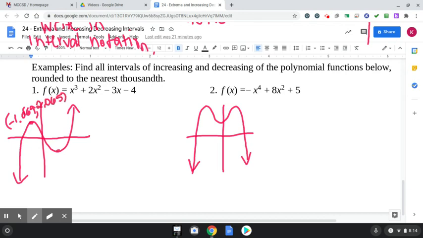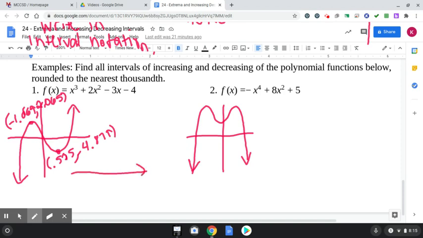Already found that. So your first 2 steps are kind of done. And then the min is 0.535, negative 4.879.